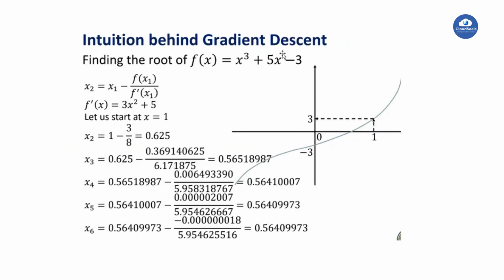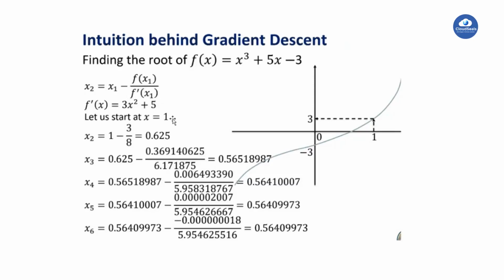Here for 5x we have the 1, so 5 into 1 x power 1 minus 1, that means x power 0, and x power 0 means 1, so 5 into 1 is 5. Coming to the 3, whenever we differentiate a constant value, it becomes 0.